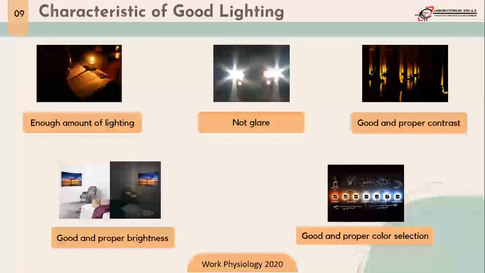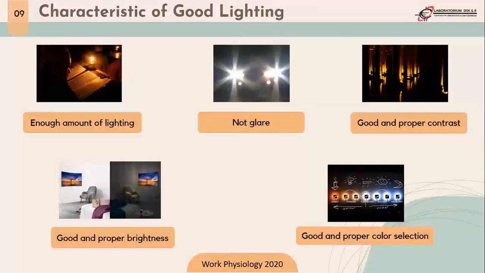And then the third is good and proper contrast. It means a significant difference in terms of color, form, size, and etc. The contrast is made so that colors between one object and the other object have clear differences. And the fourth is good and proper brightness. The level of luminance or brightness in a room is not too bright or not too dim.